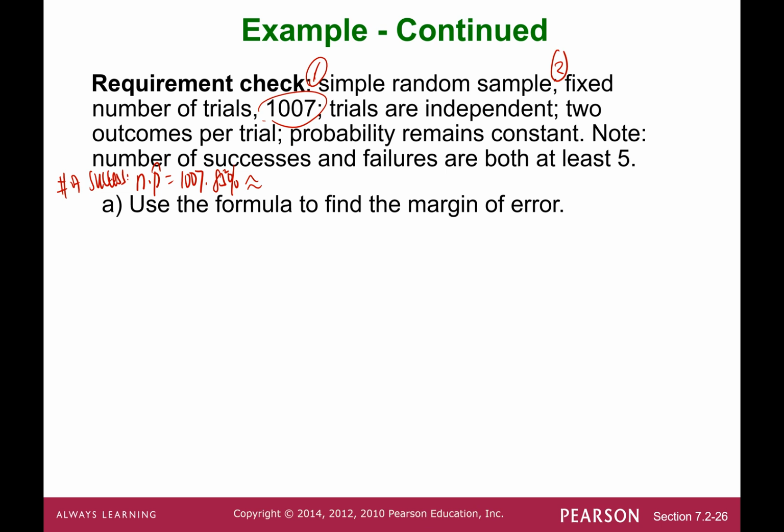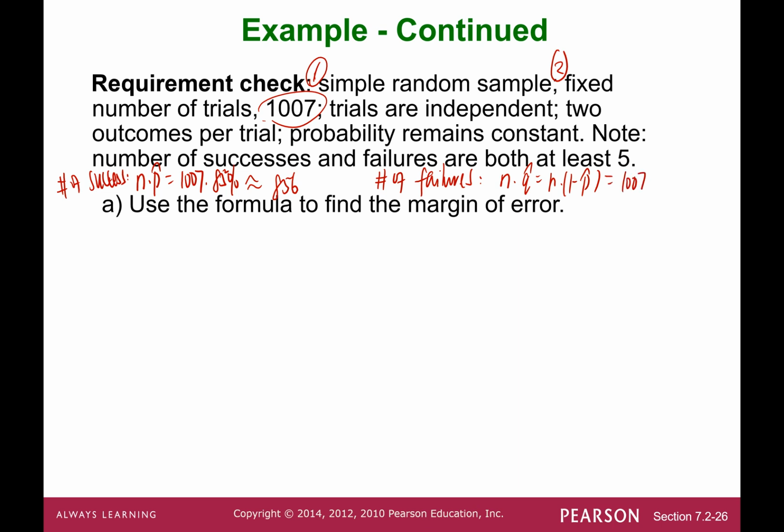That turned out to be approximately 856, so we have 856 successes. The number of failures we do n times q hat, where q hat is 1 minus p hat. So 85% success, then 15% failures.